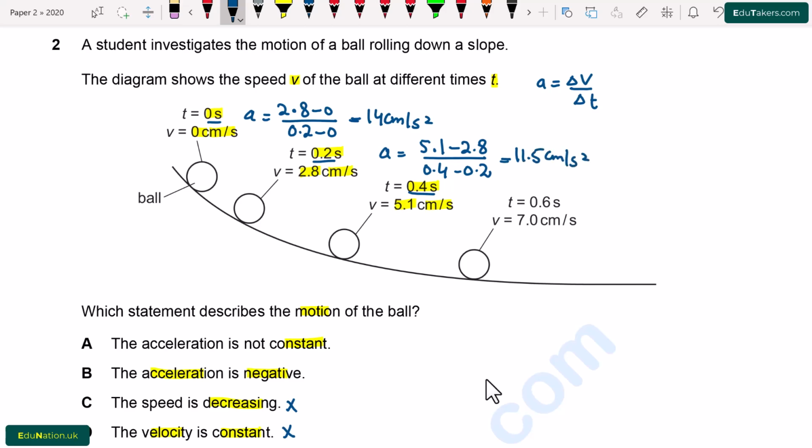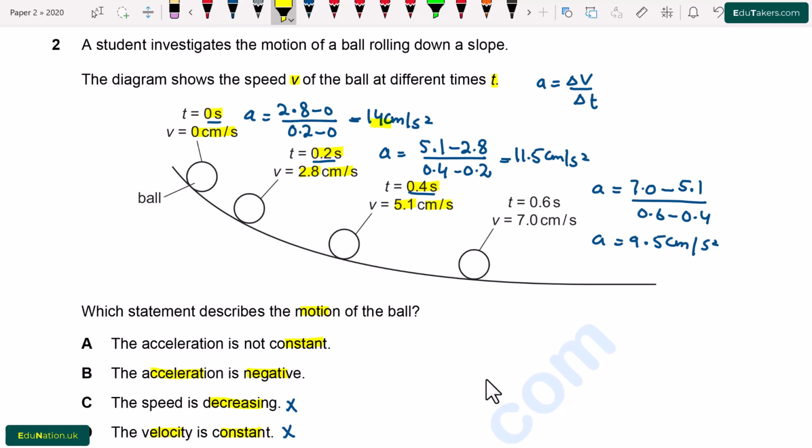For the last interval, from t equal to 0.4 to 0.6 second, acceleration will be equal to... Now we can see from here that the value of acceleration for each time interval is different.